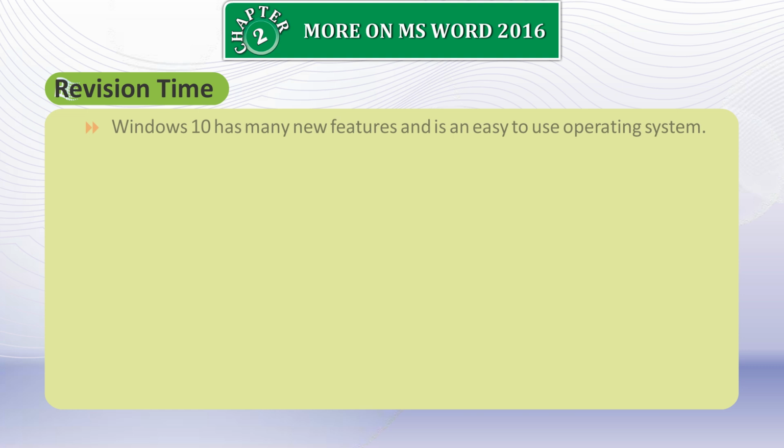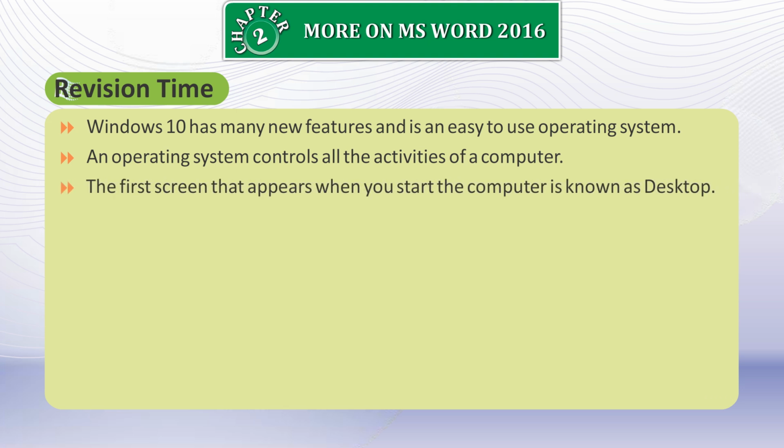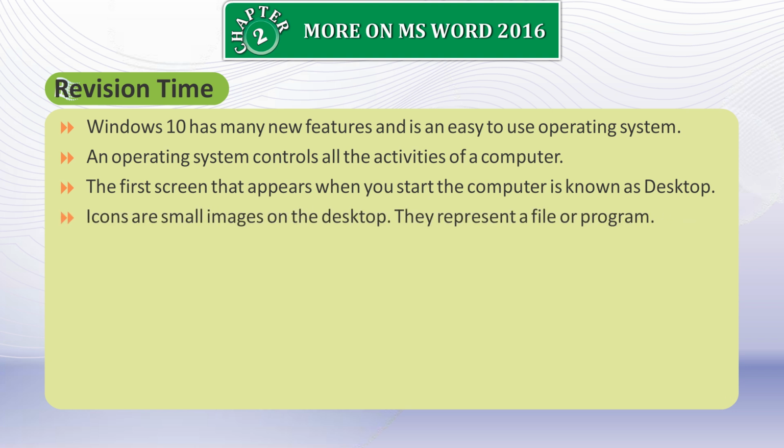Revision time. Windows 10 has many new features and is an easy to use operating system. An operating system controls all the activities of a computer. The first screen that appears when you start the computer is known as desktop. Icons are small images on the desktop. They represent a file or program.